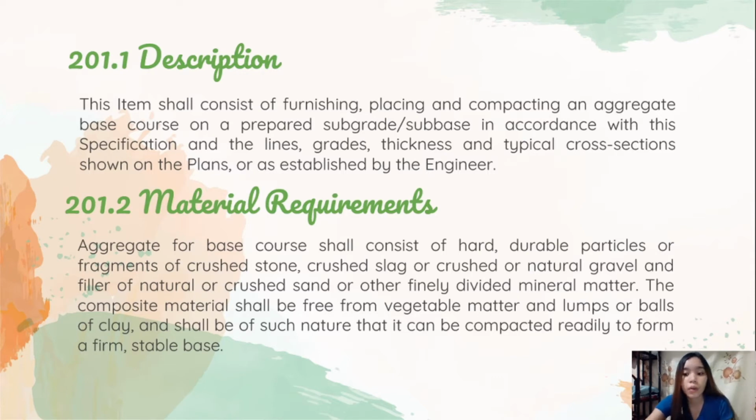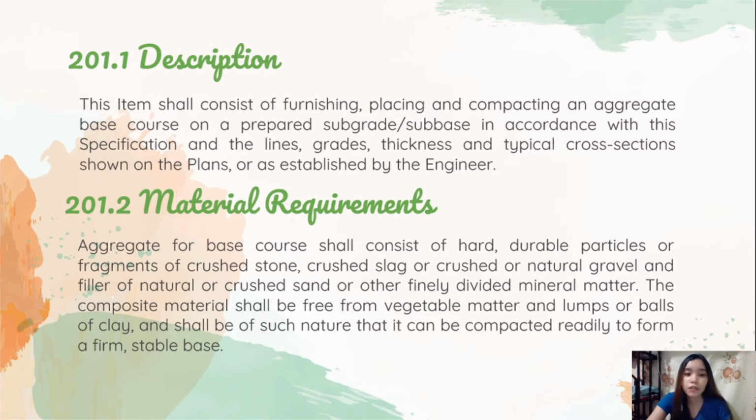The material requirements: the aggregate for base course shall consist of hard, durable particles or fragments of crushed stone, crushed slag, or crushed or natural gravel, and filler of natural or crushed sand or other finely divided mineral matter. The composite material shall be free from vegetable matter and lumps or balls of clay, the same as for subbase course, and shall be of such nature that it can be compacted readily to form a firm and stable base.